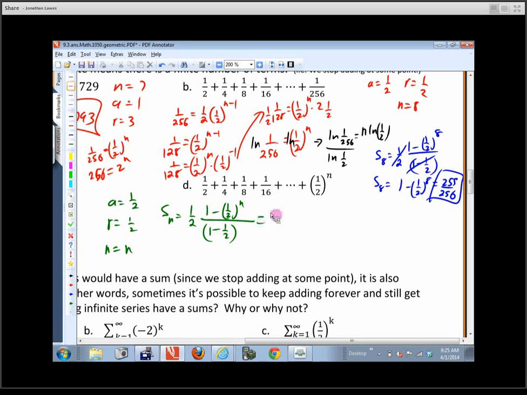Now, like I said before, the denominator works out to be 1/2. So I'm going to cancel this with this, and we end up with this right here. Here's our formula. So the answer is 1 minus 1/2 raised to the n. So the sum of the first n terms is this expression right here.